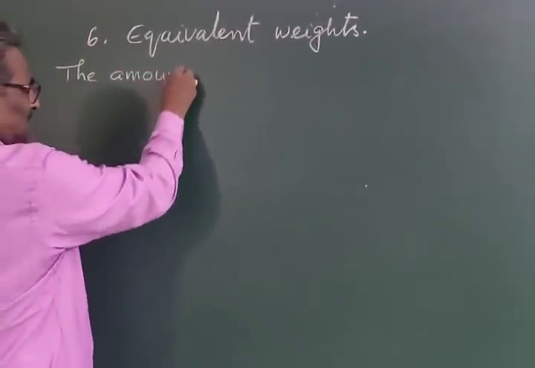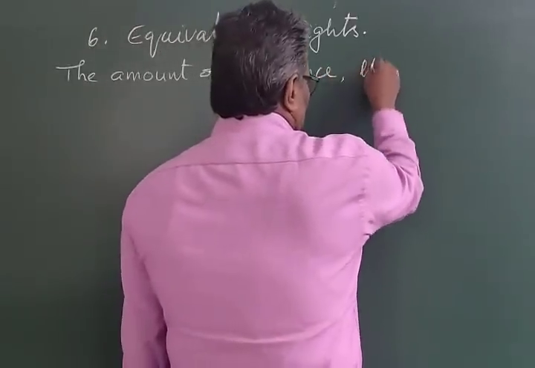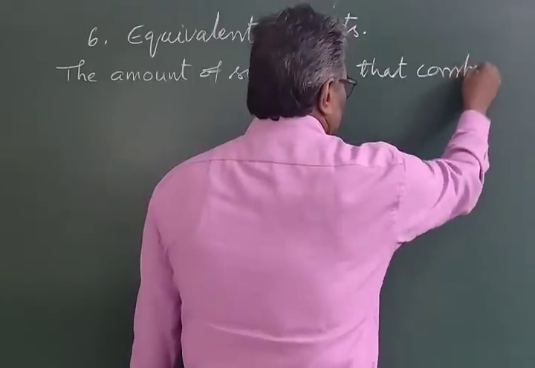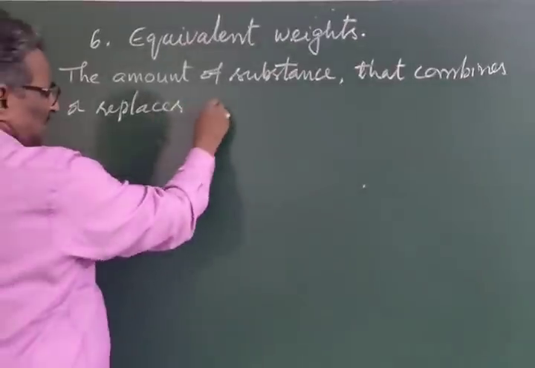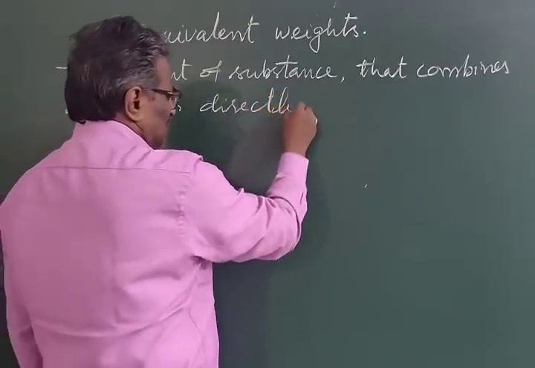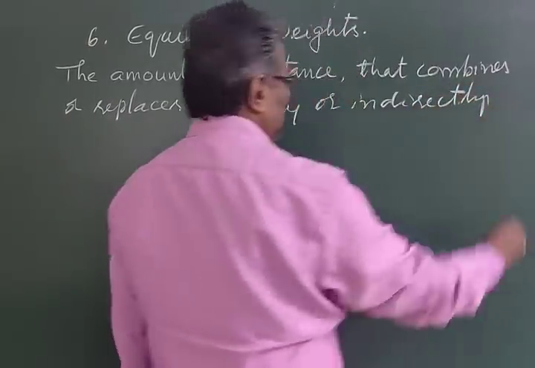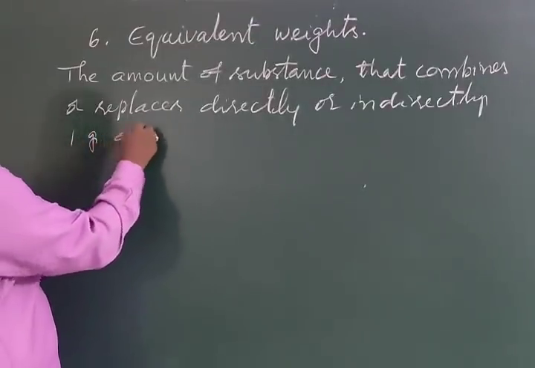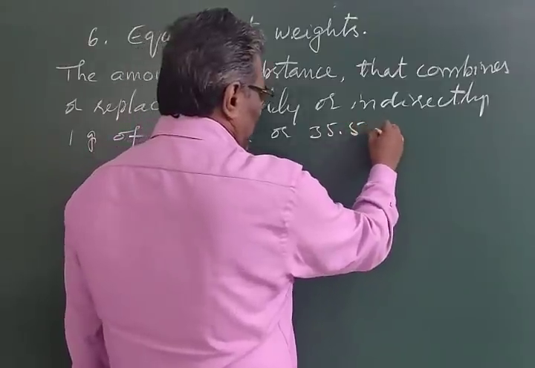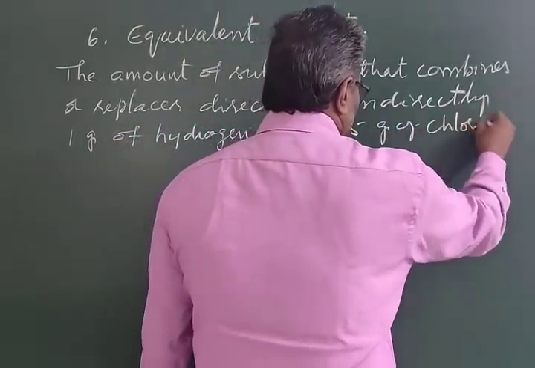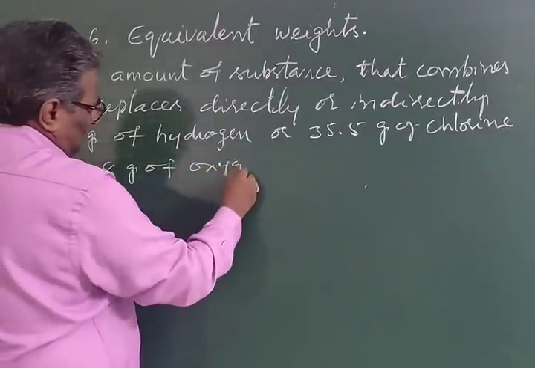The amount of substance that combines or replaces, directly or indirectly, 1 gram of hydrogen or 35.5 grams of chlorine or 8 grams of oxygen.